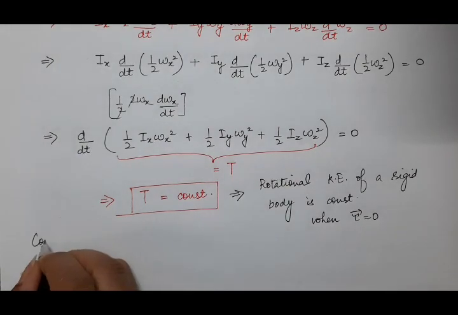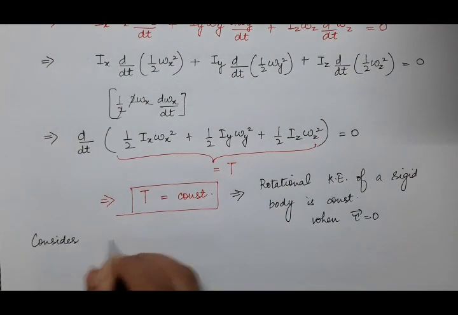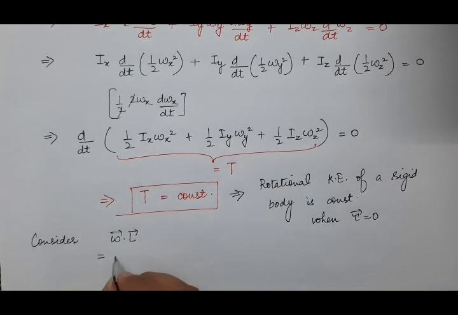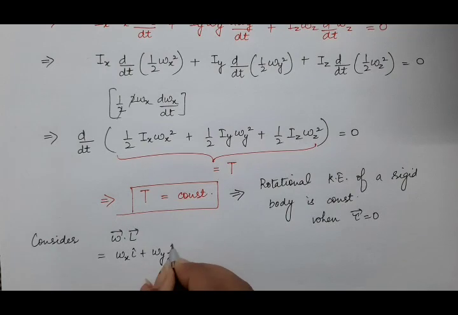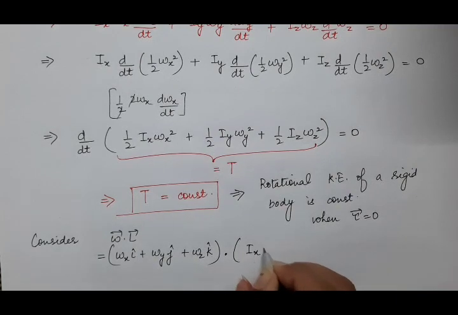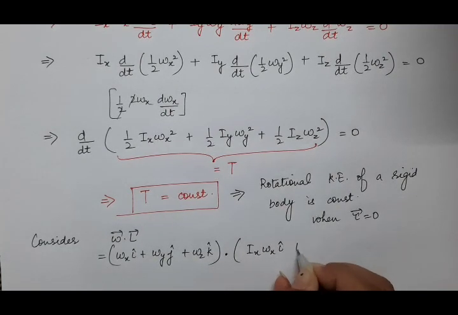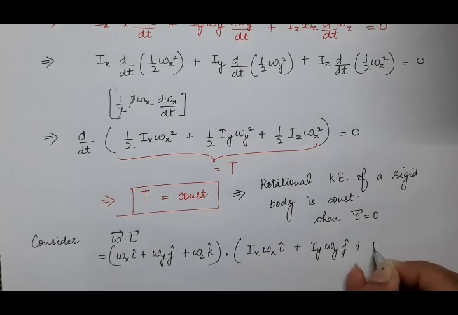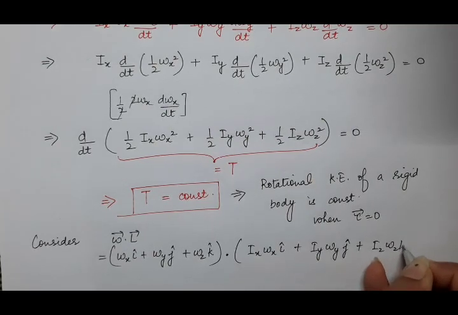So consider the dot product of omega vector and L vector. We know that omega vector is equal to omega x i cap plus omega y j cap plus omega z k cap. Its dot product with L vector, which is Ix omega x i cap plus Iy omega y j cap plus Iz omega z k cap.